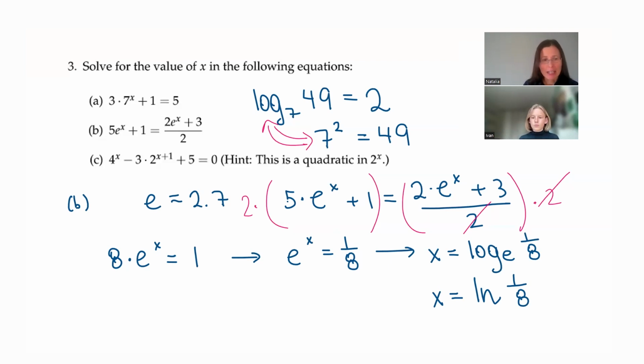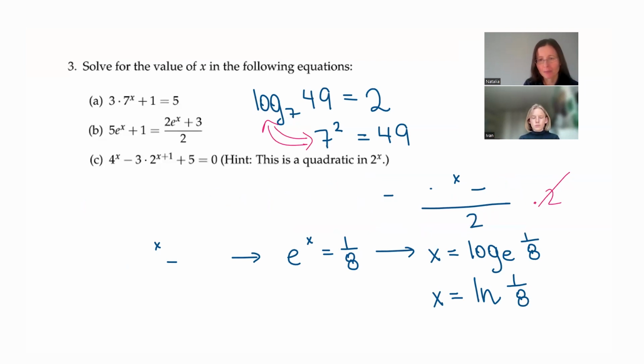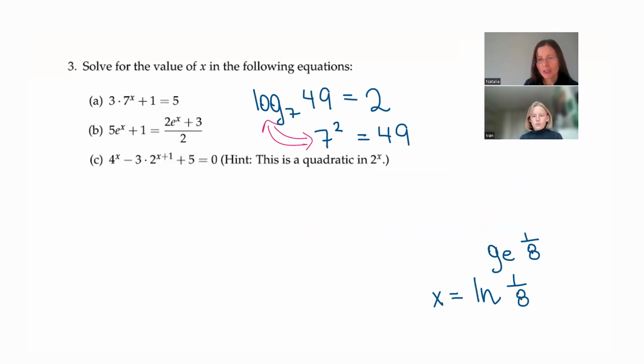Okay, that's part B. Let's look at part C. In part C, we have 4 to the x and 2 to the x plus 1. And we also have a hint that this is a quadratic in 2 to the power of x. How is that a quadratic?